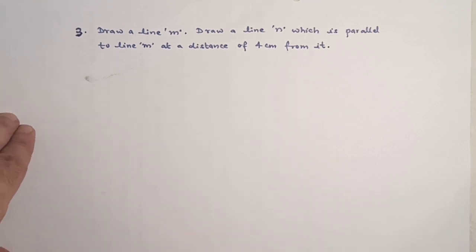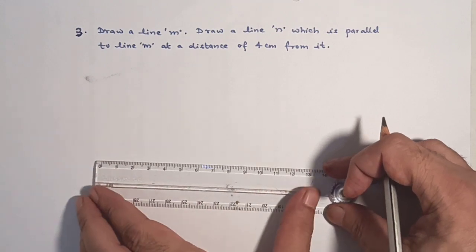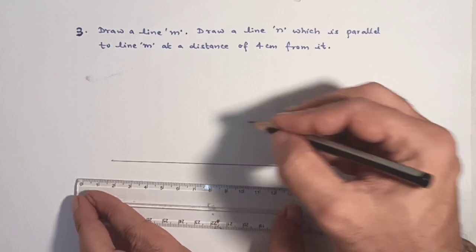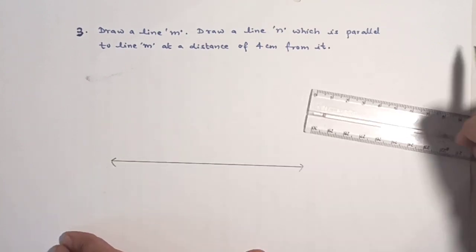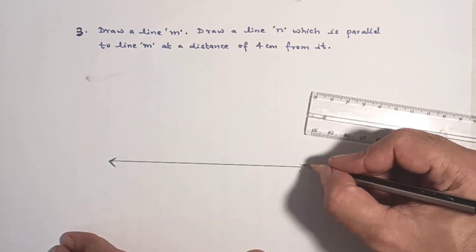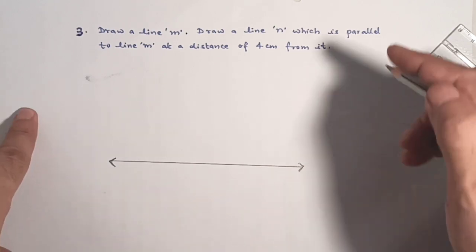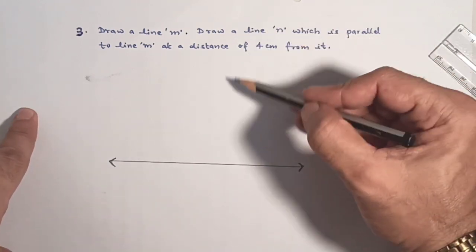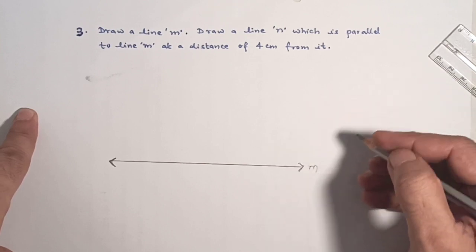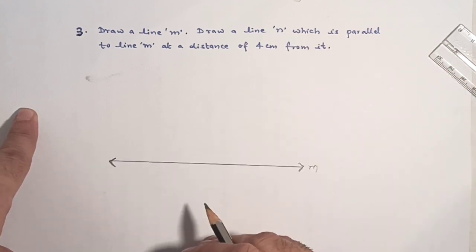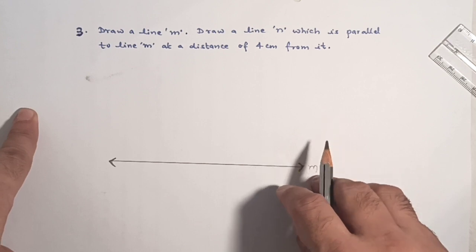Question number 3. Draw line M. So we are going to draw line M. Then draw a line N which is parallel to line M. This is your line M, given line M. You have to draw a line N which will be here somewhere, upside or downside, at a distance of 4 centimeter.